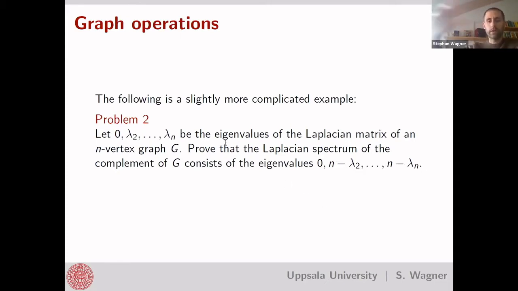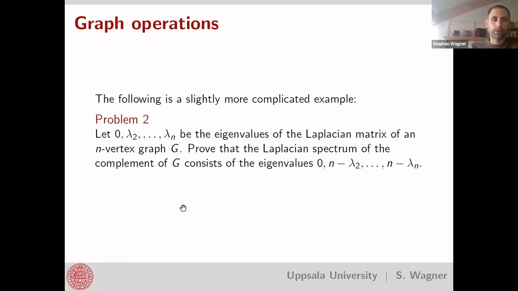So under the complement construction, we have a very nice result about the Laplacian eigenvalues. Not so much for the eigenvalues of the adjacency matrix. If the graph is regular, then there is a nice result. Otherwise, it's not quite as nice. All right. So for the complement, where edges are replaced by non-edges and non-edges by edges, we can say something nice about the Laplacian spectrum.